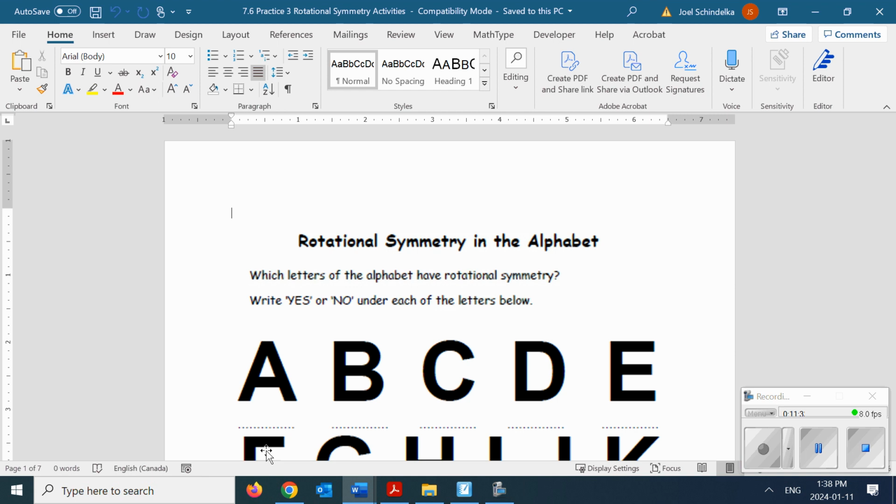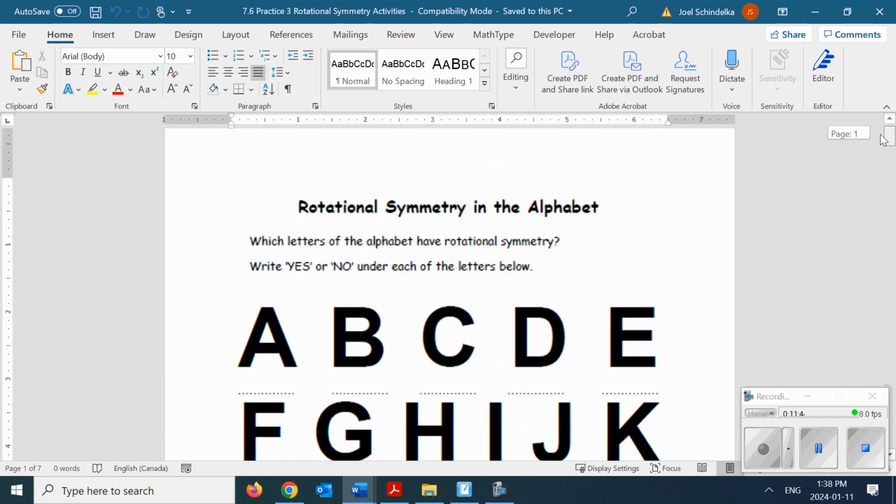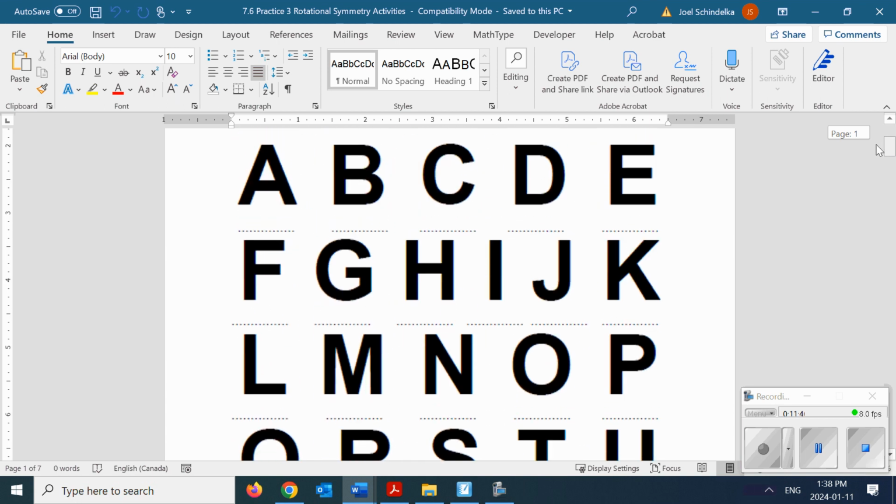Just whizzing through this real quickly. Now the first one. You're looking for rotational symmetry. At a quick scan, what's the first letter of the alphabet with rotational symmetry? Well, O does, but it's not the first one. I does, it's not the first one.